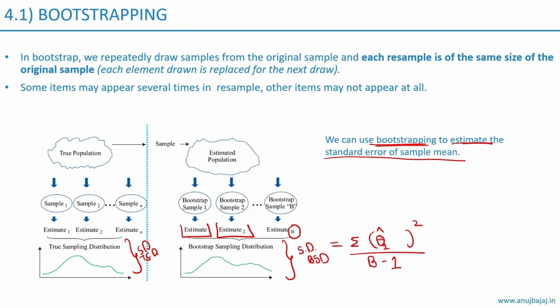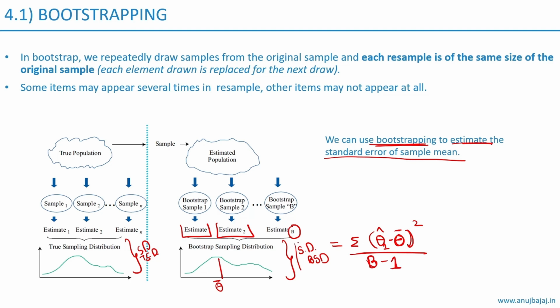So these are the observations, these are the random variables, and we subtract the average. The average is represented by this symbol. So we subtract the average from it. So the deviation of each observation from the average squared, we take the summation of all these squared deviations divided by the number of observations minus 1.